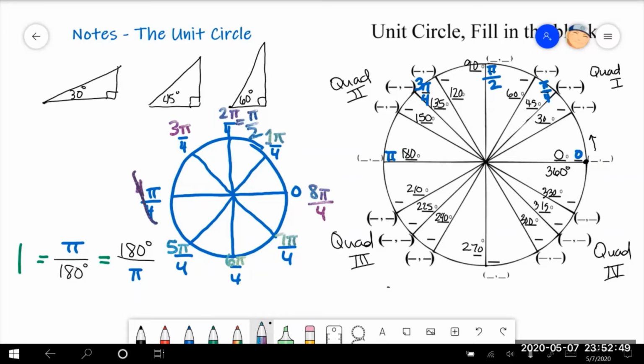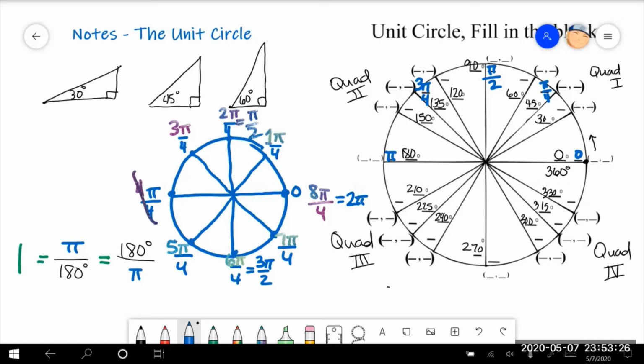And so when I simplify a little bit, I can simplify a few of these things. 6 pi over 4 becomes 3 pi over 2, which is hopefully familiar. And 8 pi over 4 becomes 2 pi, which we know is a full circle. So instead of trying to convert all of these degrees, I could try to mentally chop up my unit circle and just count like a clock. 1 pi over 4, 2 pi over 4, 3 pi over 4, 4 pi over 4, 5, 6, 7, 8.